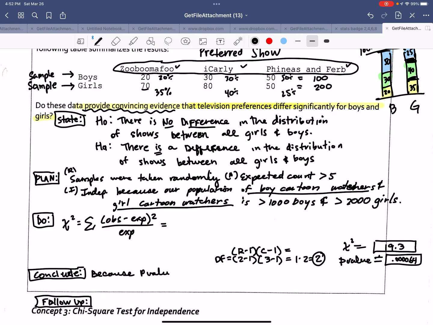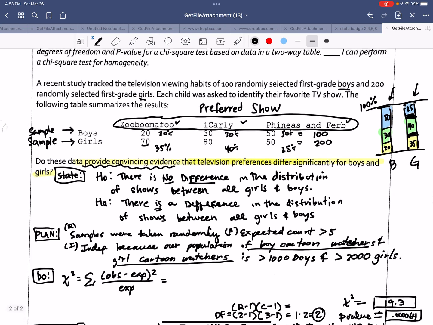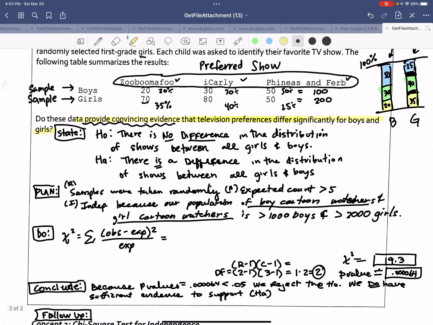Because our p-value of 0.00064 is less than 0.05, we reject the null hypothesis. We do have sufficient evidence to support H sub A. Now, what is H sub A? To support that there is a difference.